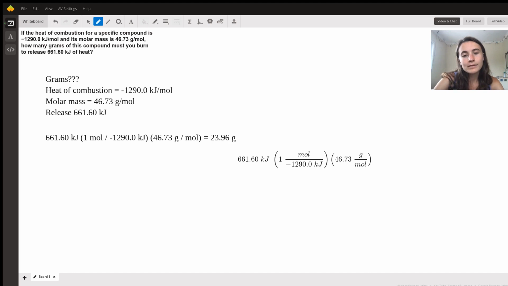But then with significant figures, the smallest number of significant figures we have in this problem is 4, coming from the 46.73 grams per mole. So if we want to round this to 4 significant figures, it will be 24.00 grams.